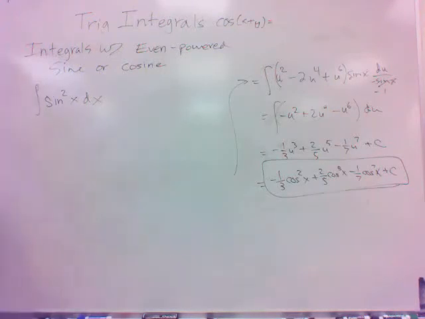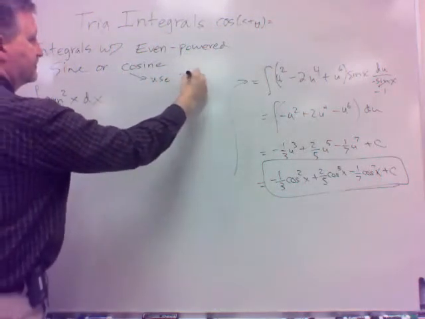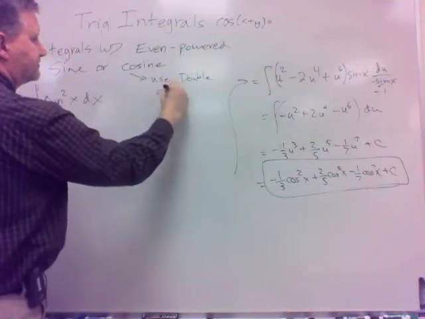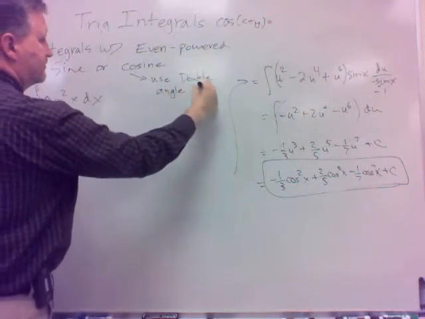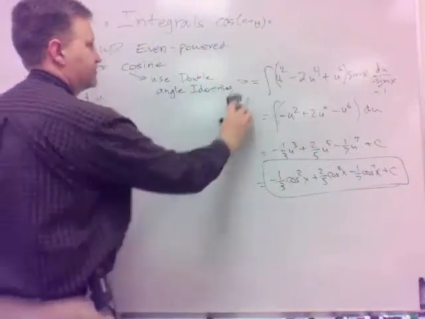So what I do when I have only an even power of sine or cosine, instead of using the Pythagorean identity, which we use for odd powers, is use the double angle. Again, to rehash those, what were they?